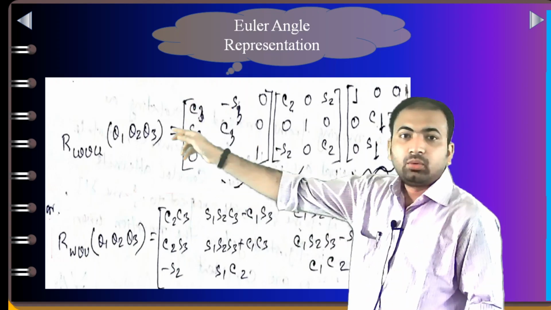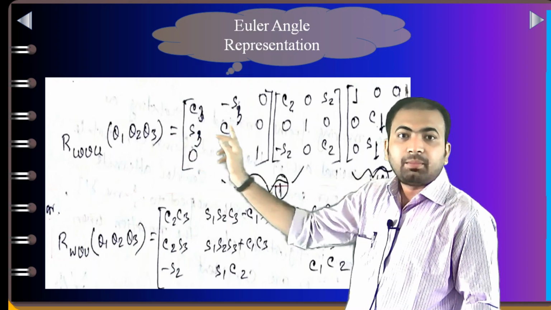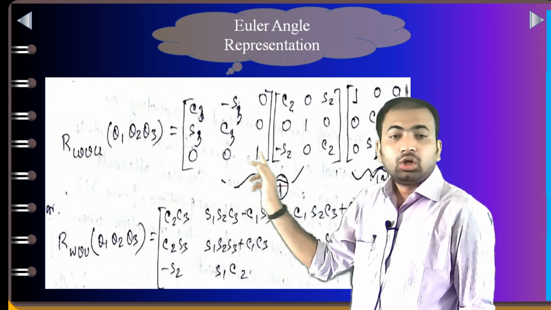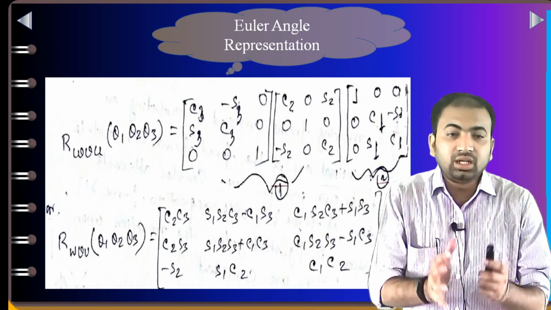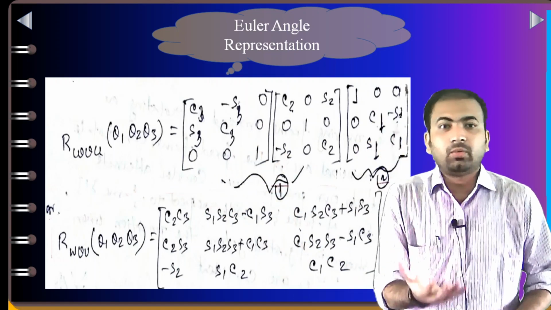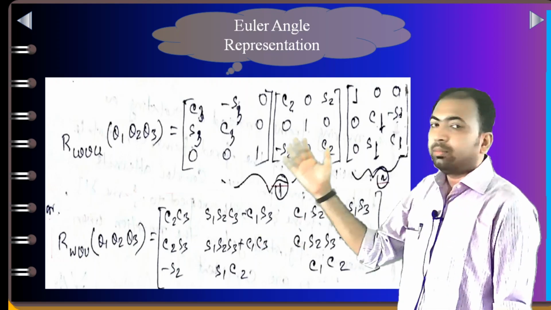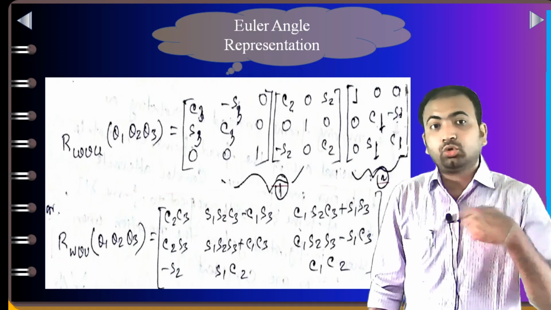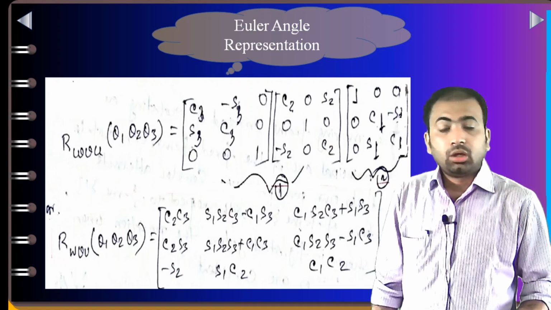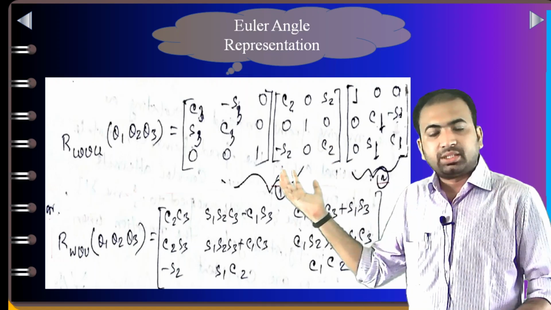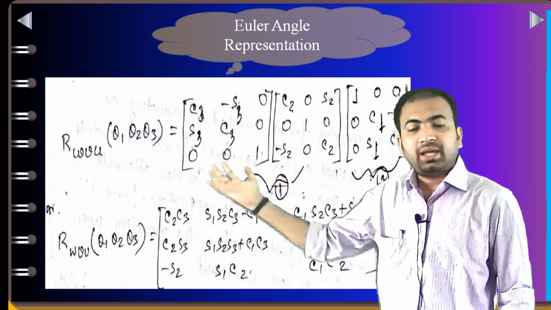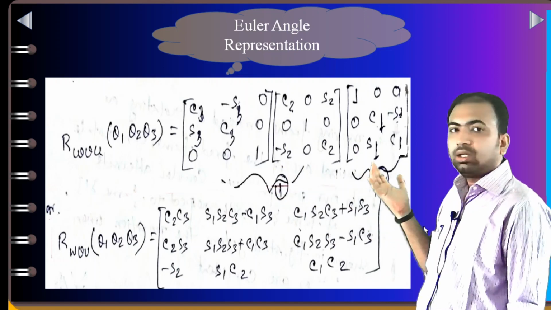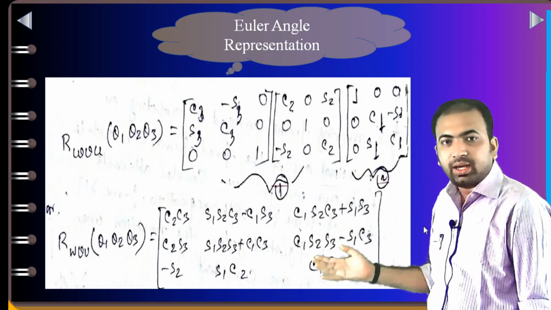You can see we have written C3 minus S3 0, S3 C3 0. So all these are theta 3 terms. That means the final work which we have done. Then the middle one, you can see all the 2 terms, theta 2 terms are coming here. Okay, right? So that we have represented here. Then once we multiply this one with this one, the product has to be multiplied with this matrix. Finally, we will get this result.